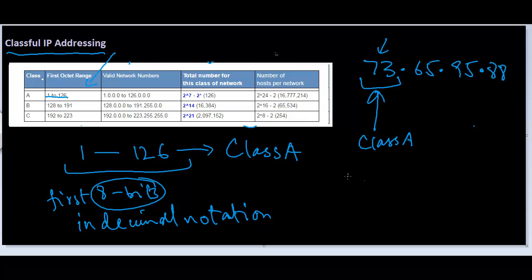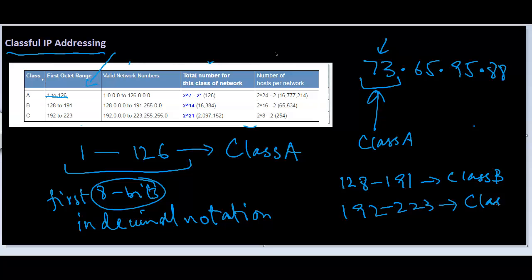Okay, if the starting value is between 128 to 191, then this is a class B IP address. And if the starting value is between 192 to 223, then this is a class C IP address.